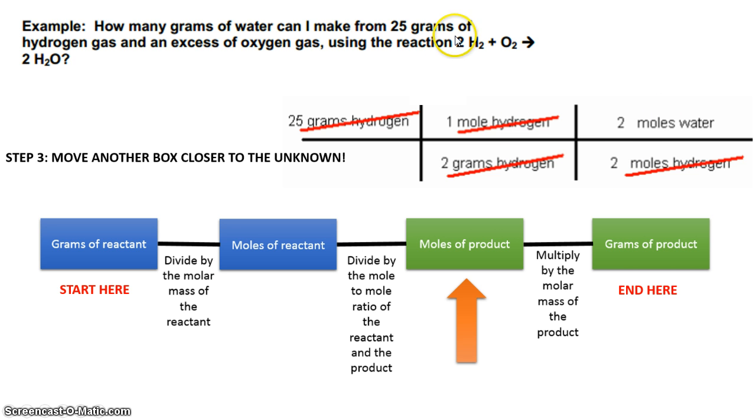For every 2 hydrogen gas molecules, I get 2 water molecules. So 2 moles of water over 2 moles of hydrogen. 2 moles of hydrogen goes on the bottom because I want to cancel moles of hydrogen here. We're trying to get to grams, so I don't need moles of hydrogen. I need grams of water, and before I can do that, I have to get moles of water.